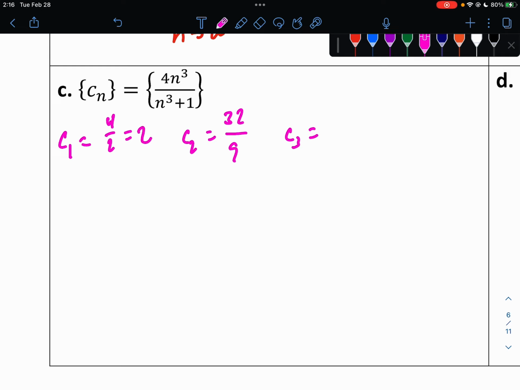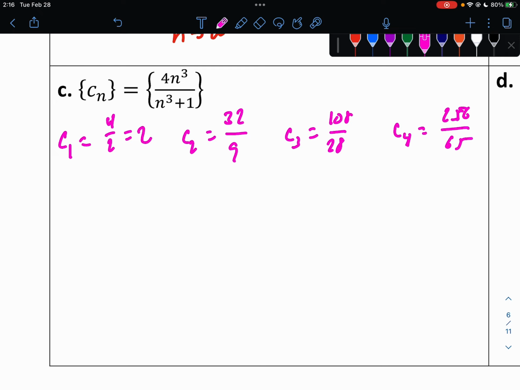Might be time to get the calculator out here. 4 times 3 cubed, which is 4 times 27, over 3 cubed plus 1, which is 28. So 108 over 28. And c sub 4 would be 4 times 4 cubed, which is 256, over 4 cubed plus 1, which is 65.